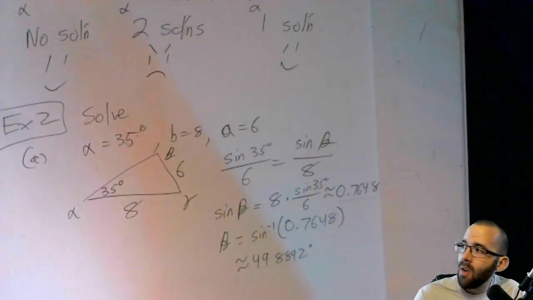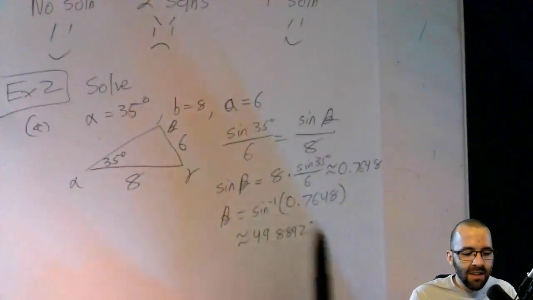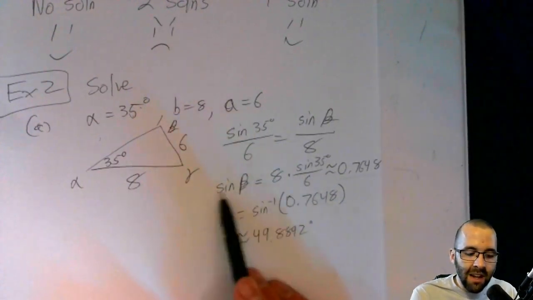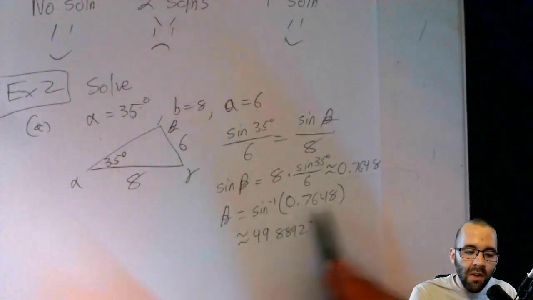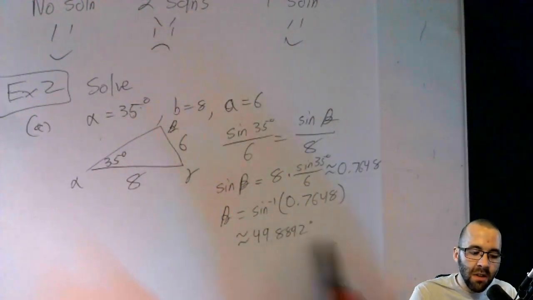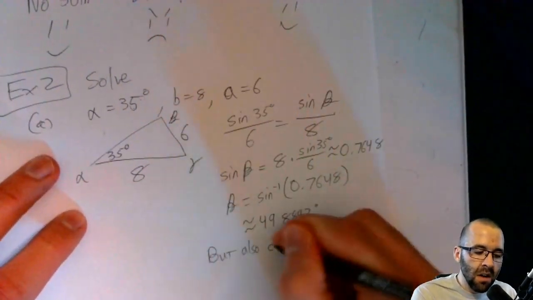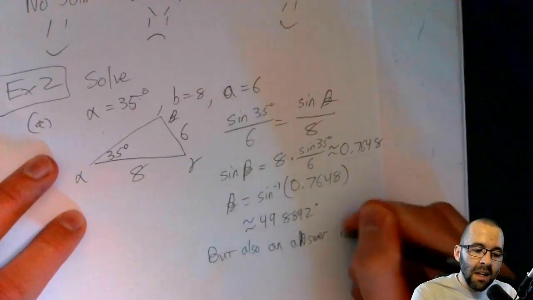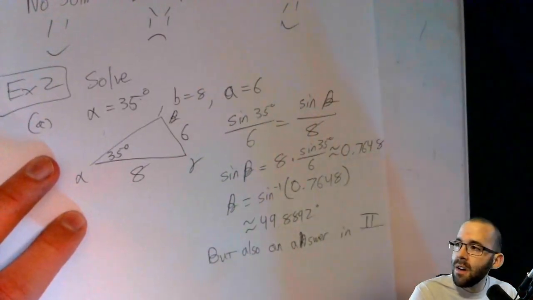But that's only one answer, right? We talked in the previous section that there are infinitely many answers to trigonometric equations. This is the answer in the first quadrant. But there's also an answer in the second quadrant, because sine is also positive in the second quadrant.